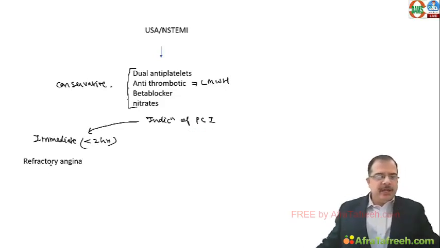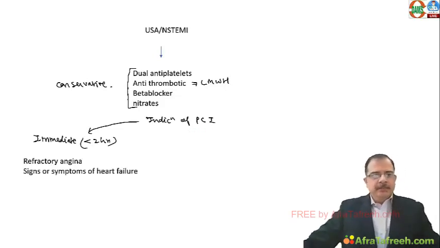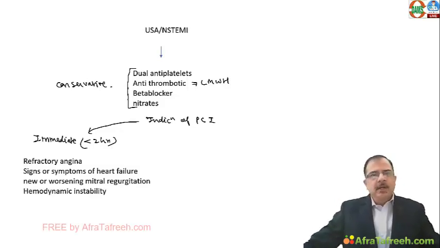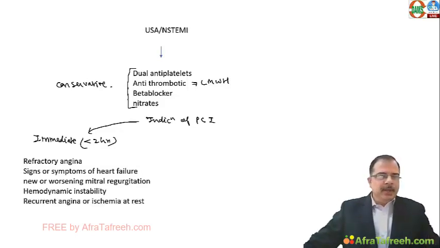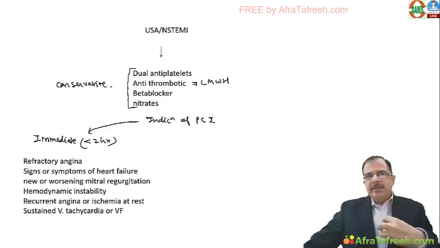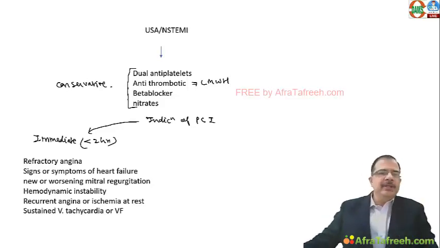So if a patient has refractory angina, signs and symptoms of heart failure, mitral regurgitation develops, hemodynamic instability is there, like systolic BP less than 90, the patient has recurrent angina or ischemia at rest, or the patient has developed some ventricular arrhythmias, then go for an immediate PCI.